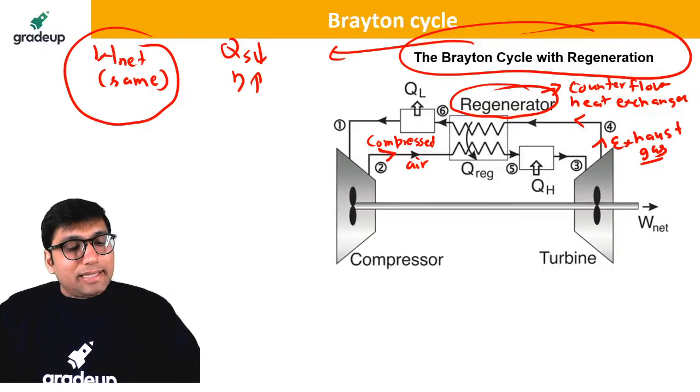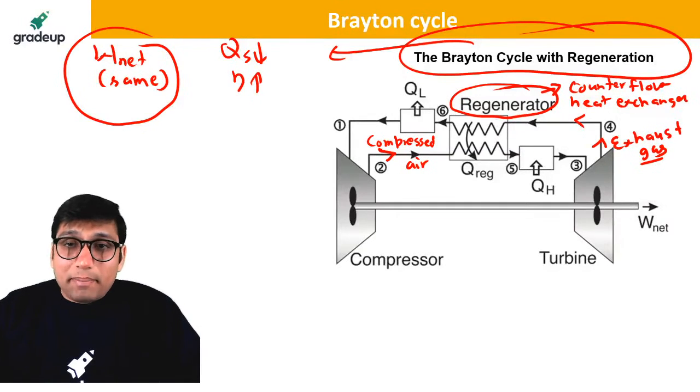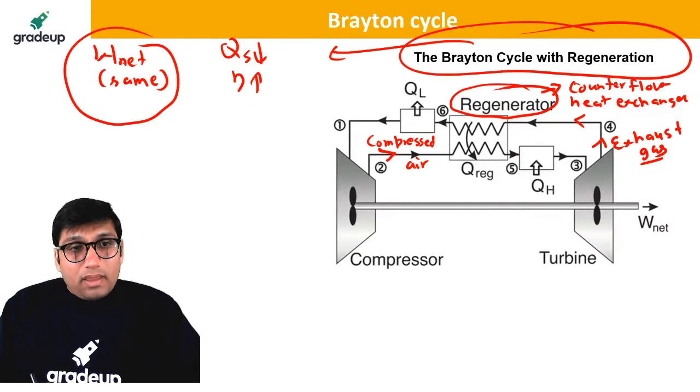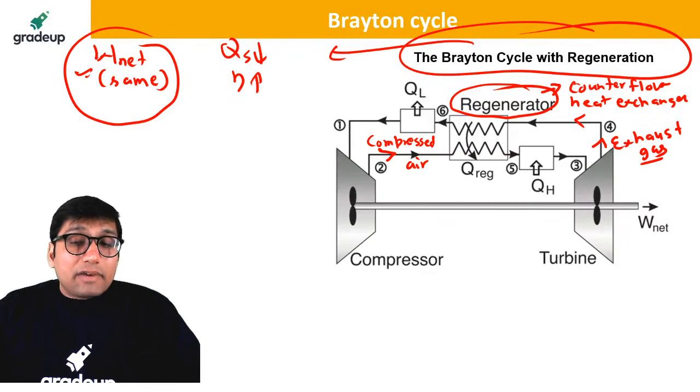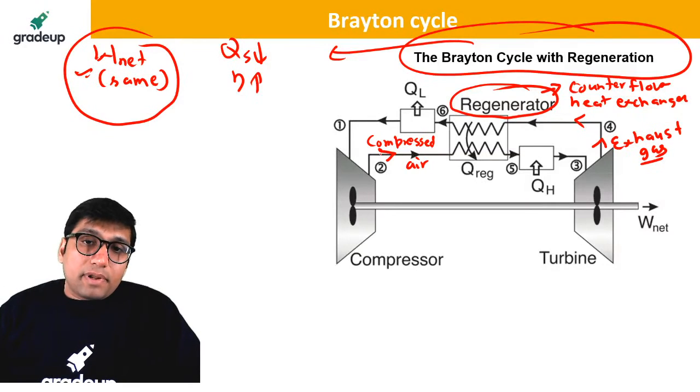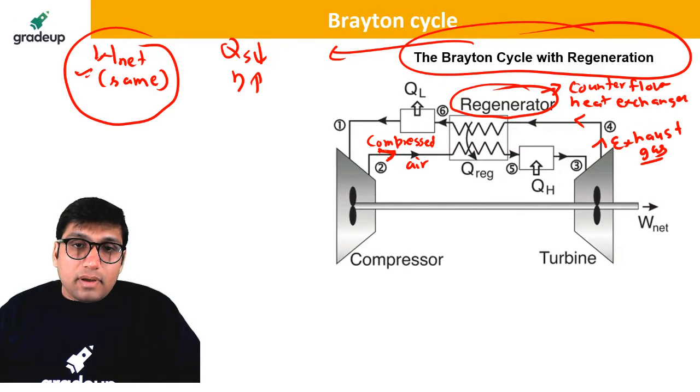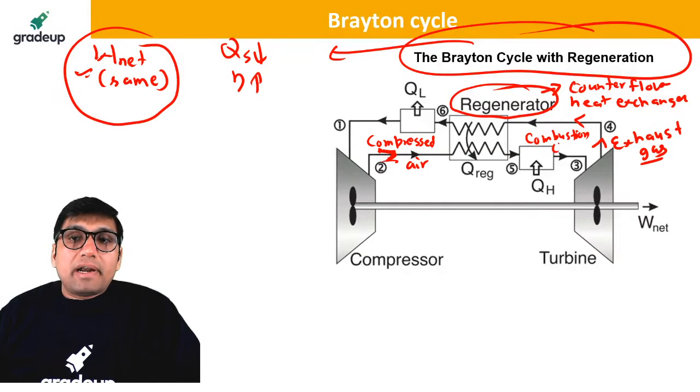Okay, good. Thanks everyone for the positive comments. So my dear students, in the Brayton cycle with regeneration, you have to understand a very important thing: the air coming from the compressor, which has to go into the combustion chamber, will not go directly into the combustion chamber. It will first pass through a regenerator.